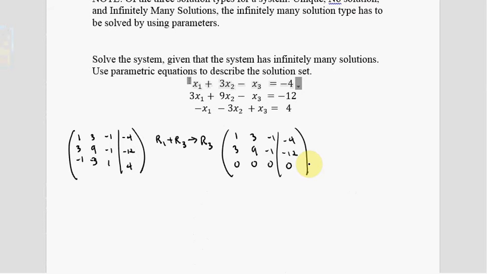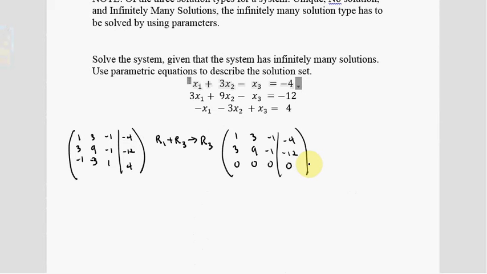Now, what I'm going to do is try to simplify it a little bit further. For me, is to use this one, that we call a leading one. If the first term in a row is a 1, we call that the leading one. It's a leading one because you can take one, multiply it by any number to cancel out another number within that particular column.